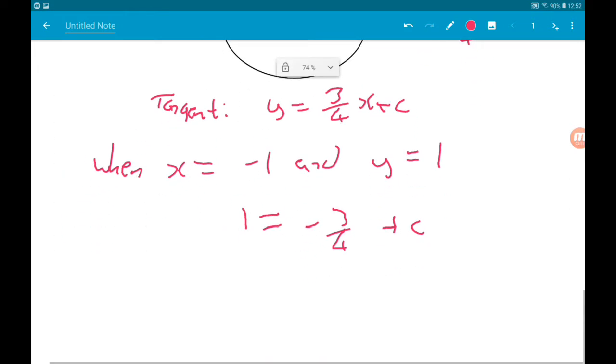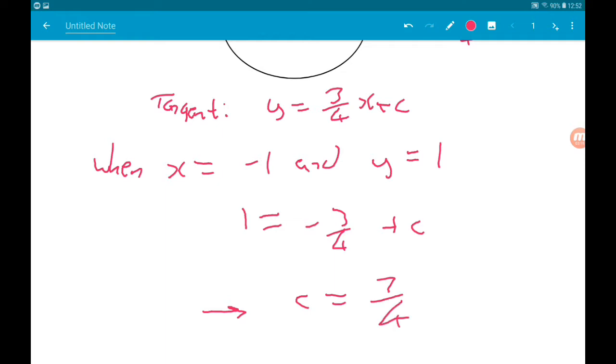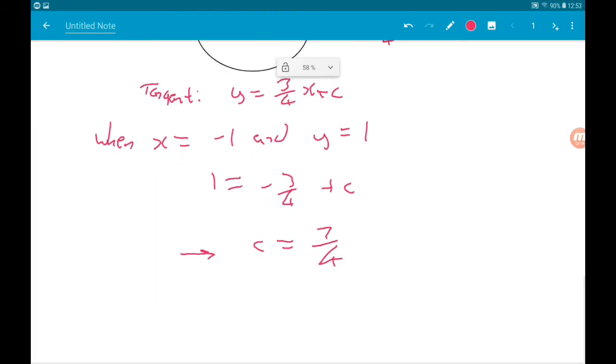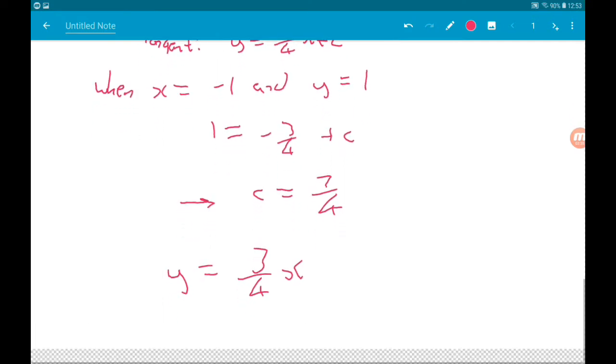So therefore c is 7/4 and our tangent is y is 3/4 x. Add 7/4.